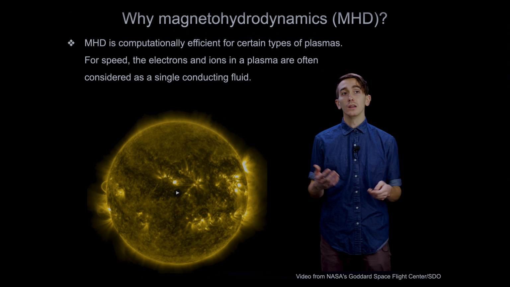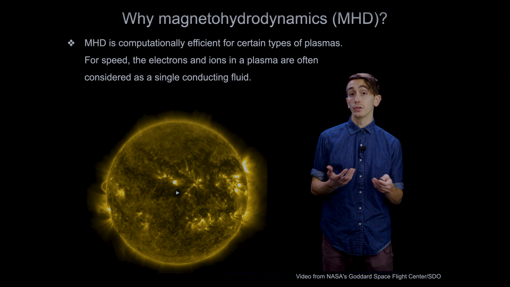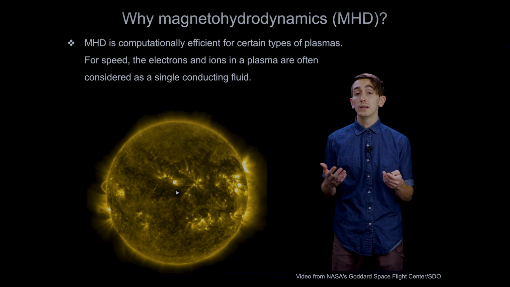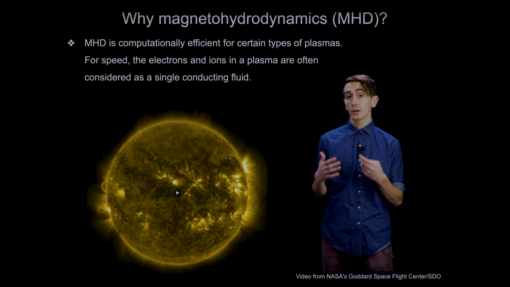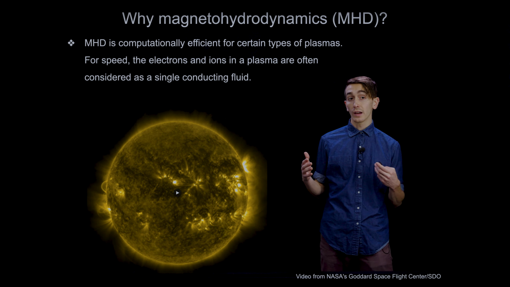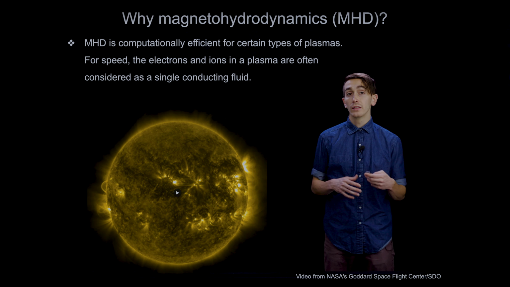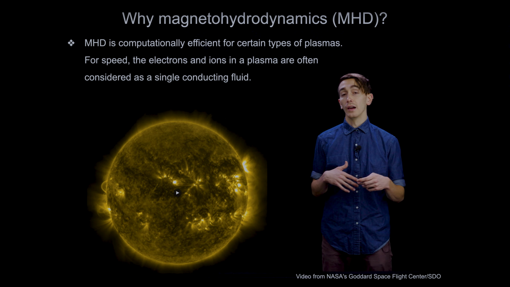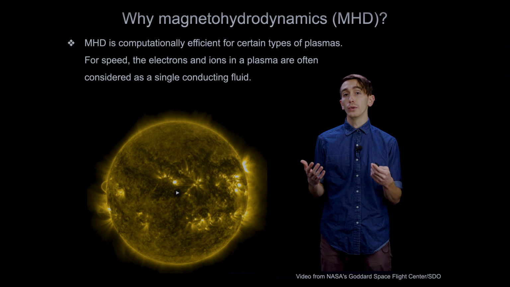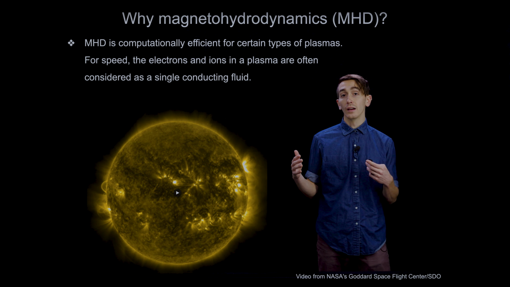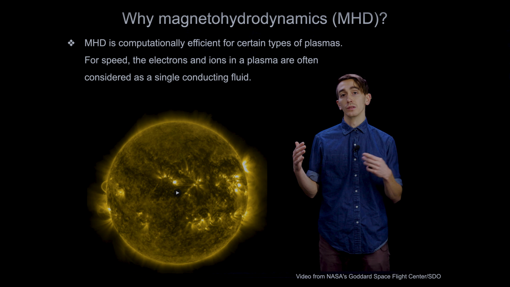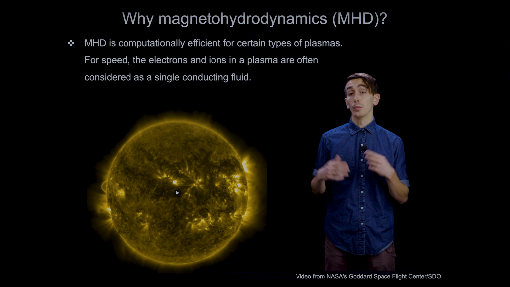MHD is computationally efficient for certain types of plasmas, and for speed, typically the electrons and ions in the plasma are considered as a single conducting fluid with a single set of evolution equations. This is contrasted with, for instance, two-fluid MHD, which would treat the electrons and ions separately in their own evolution equations, which are nonlinearly coupled between them.